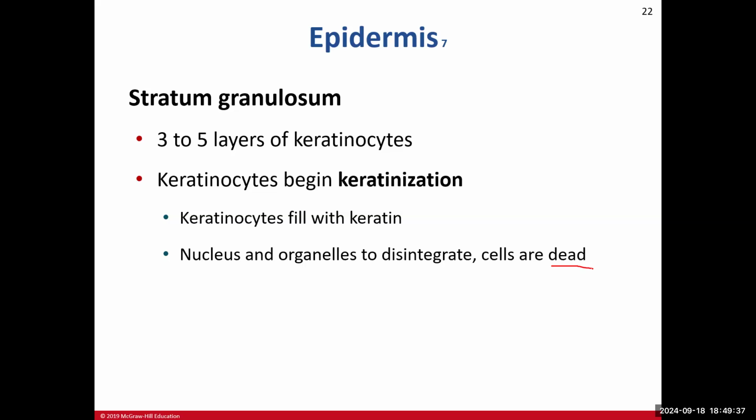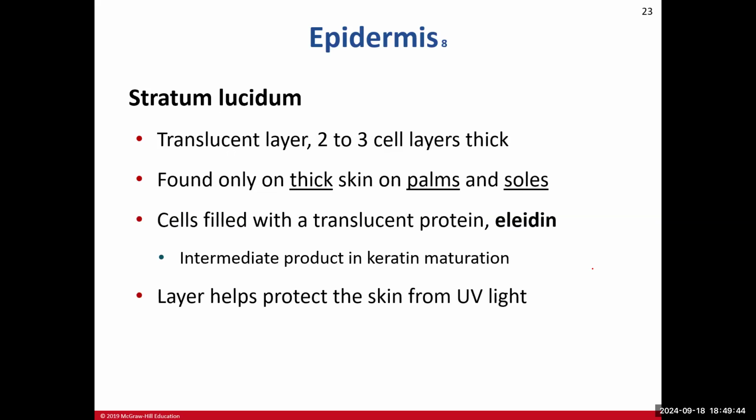So this next layer is the layer that we don't see in all of your skin. This is the one that's only found in thick skin. This is the stratum lucidum. Right, so we all know where that is. And the other thing about it is it has this intermediate product for that keratinization process called eleidin.